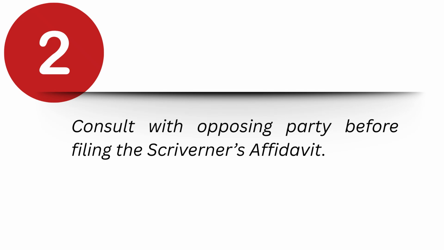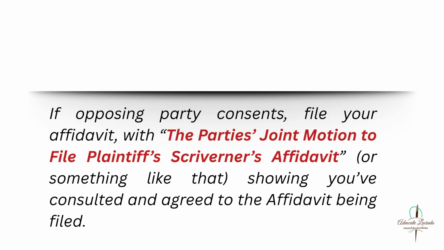Two, consult with the opposing party before filing the scrivener's affidavit. You must get the opposing party's consent. If opposing party consents, file your affidavit with, quote, "the parties' joint motion to file plaintiff Scrivener's affidavit," end quote, or something like that, showing you consulted and agreed to the affidavit being filed.